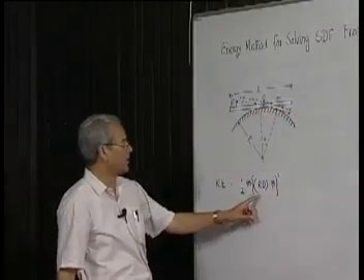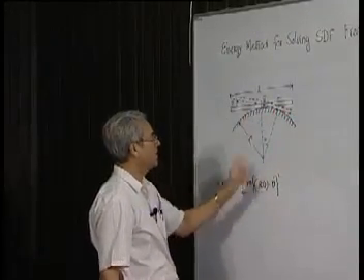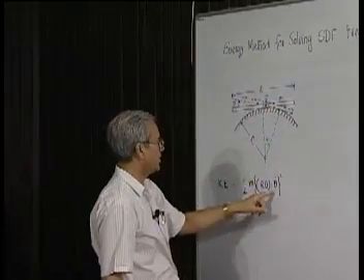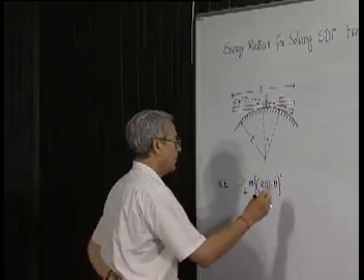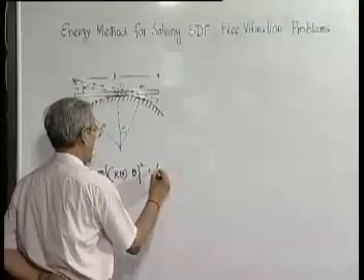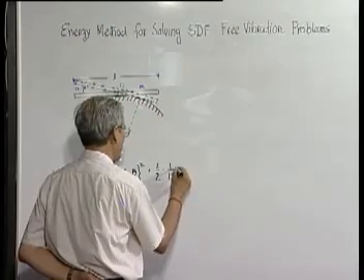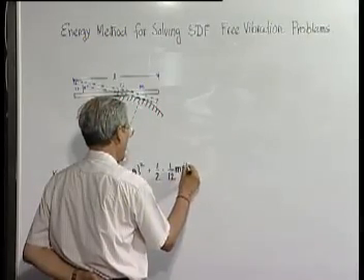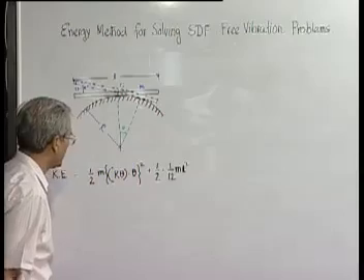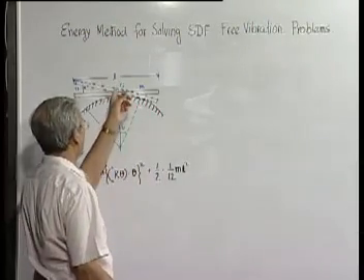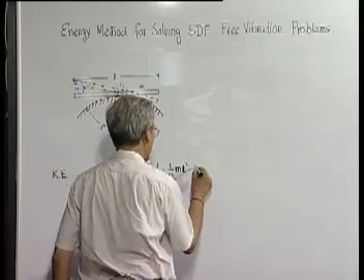This is the linear velocity of the center of mass, that is the length of this portion into angular velocity, plus half into the moment of inertia of the rod about its center of mass, which is 1/12 m L squared. So half into the moment of inertia about the center of mass into theta dot squared.